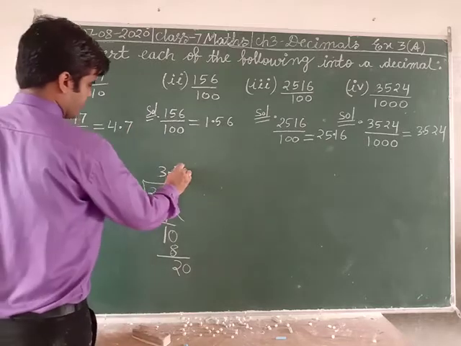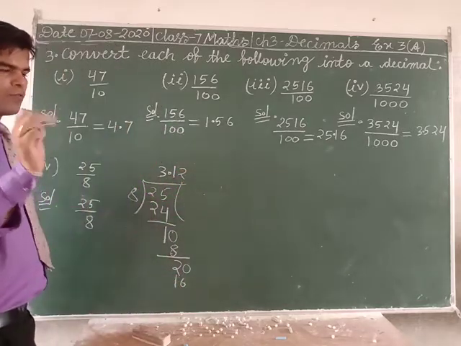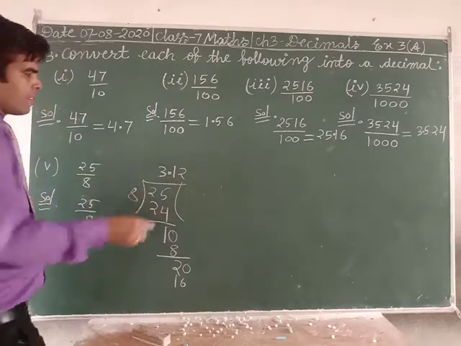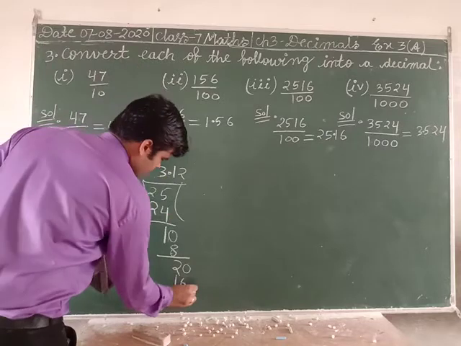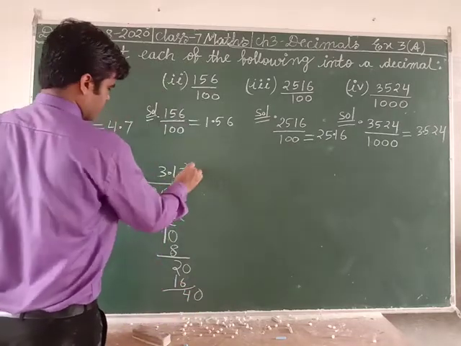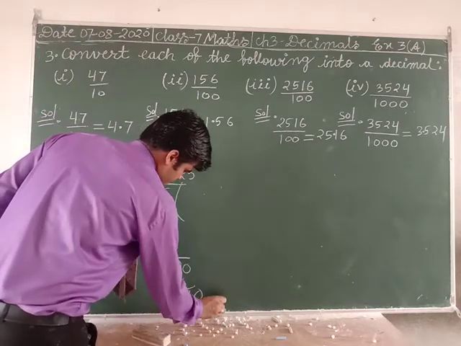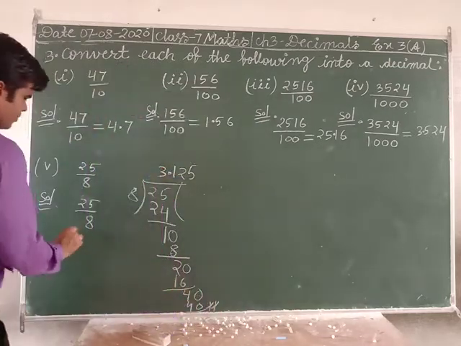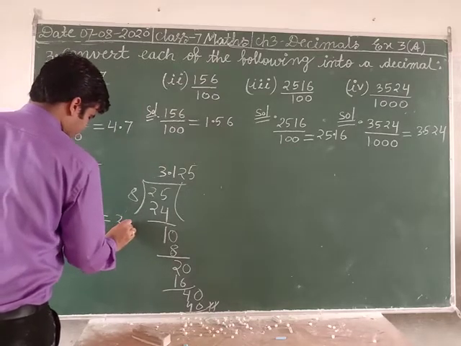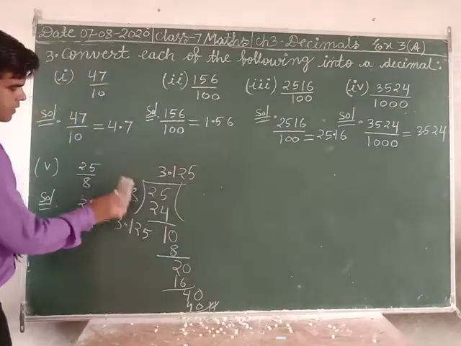Now 8 2s are 16. We can carry 0, only 1 zero at each step. If we carry double 0, then we have to put here also 1 zero. Now we carry 1 zero. 8 5s are 40. It gets terminated, means finished. So we write here 3.125 and we remove this division.